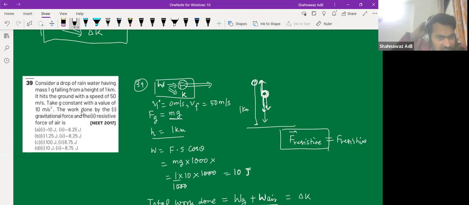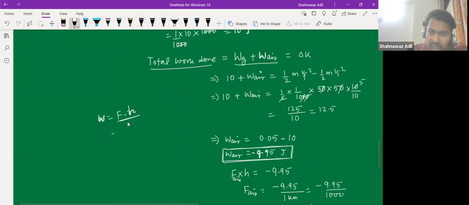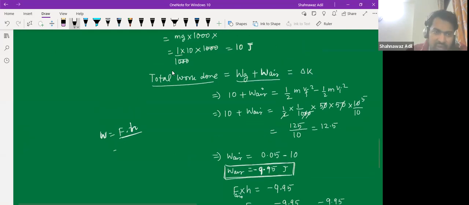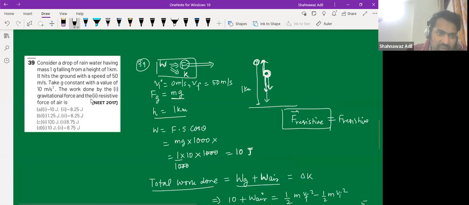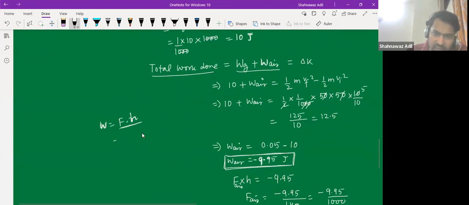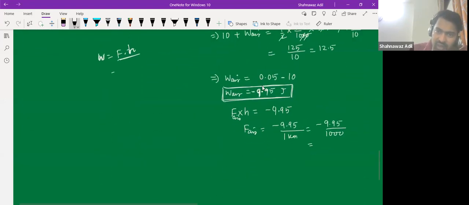So they are only telling us to calculate the work done by the resistive force, not the resistive force itself. So we have to find out this work done, right?